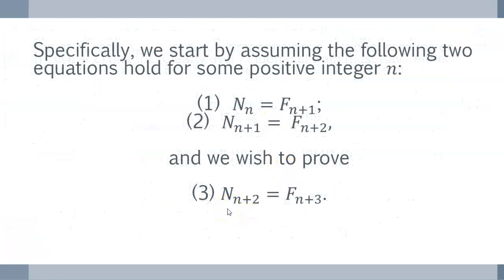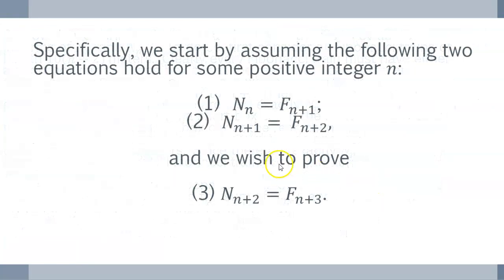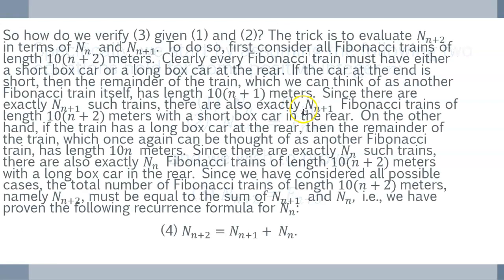We just proved this: capital N sub n plus 2 equals capital F sub n plus 3. And that actually completes our proof because we proved the induction hypothesis for every positive integer n. That was all we had to do to complete our proof of equation 1 holding for every positive integer n. So we just proved that formula.